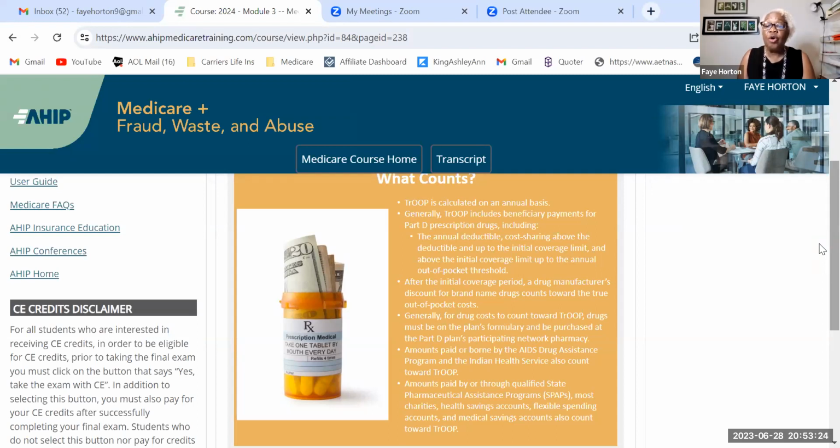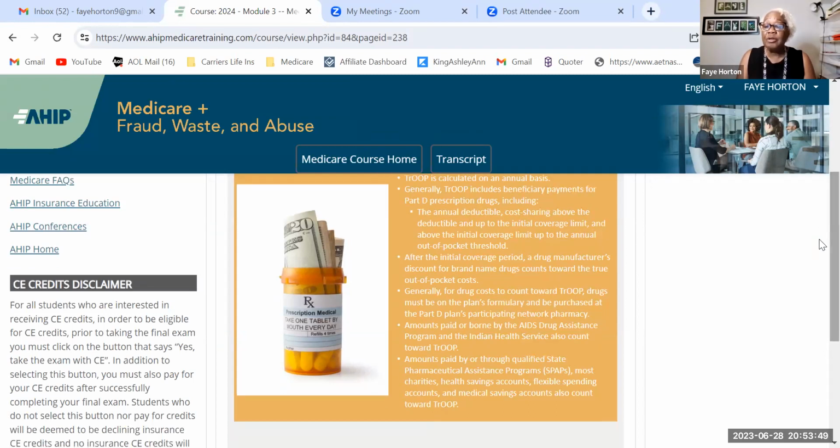Amounts paid or borne by the AIDS Drug Assistance Program and the Indian Health Service also count towards TrOOP. Amounts paid by or through qualified state pharmaceutical assistance programs, most charities, health savings accounts, flexible spending accounts, and medical savings accounts also count towards TrOOP.